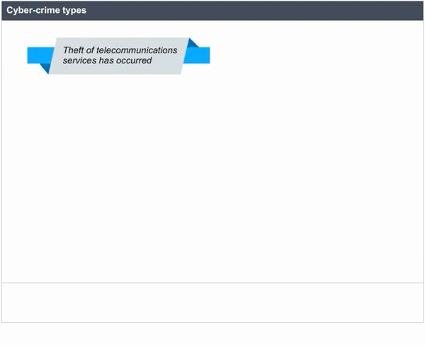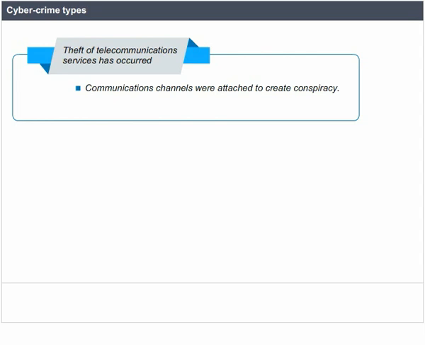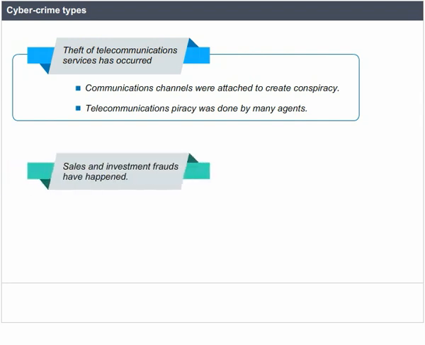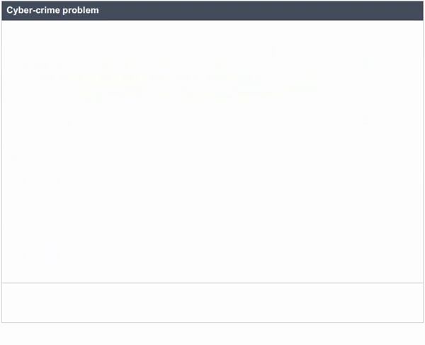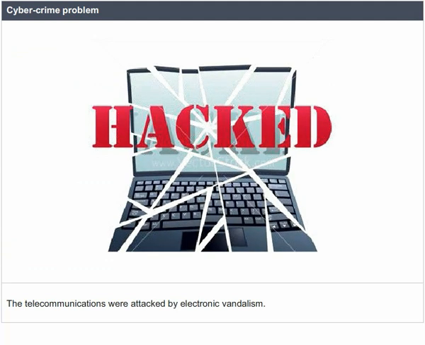Theft of telecommunications services has occurred. Communications channels were attacked to create conspiracy. Telecommunications piracy was done by many agents. Sales and investment frauds have happened. Electronic fund transfer frauds have happened. Cybercrime problem: telecommunications were attacked by electronic vandalism.